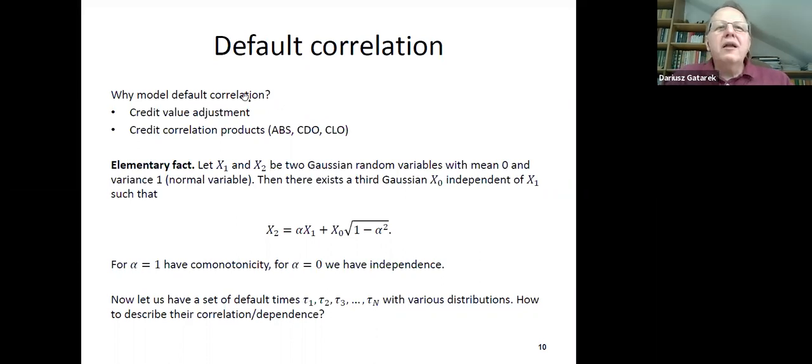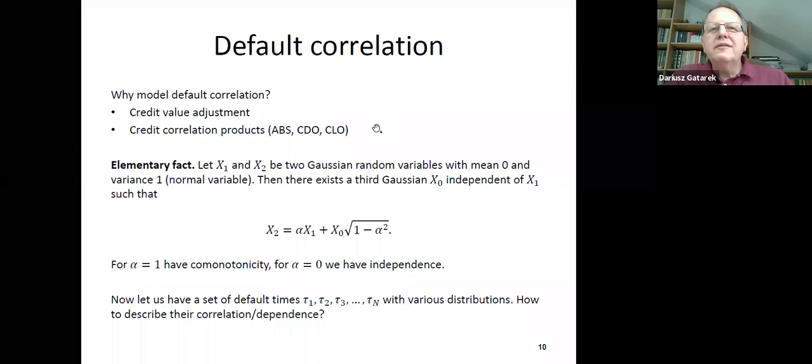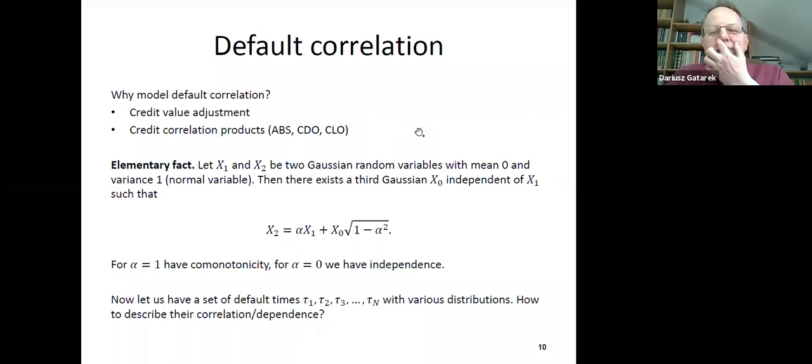And there are as well credit correlation products. To be honest, every bank is a credit correlation product. Yes, because the bank takes deposits from various entities, from private persons and companies.